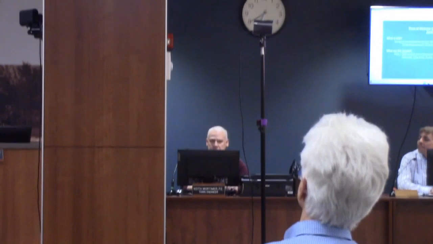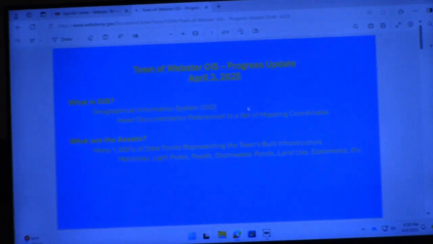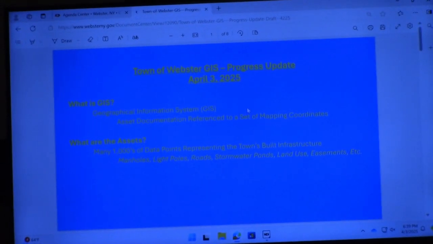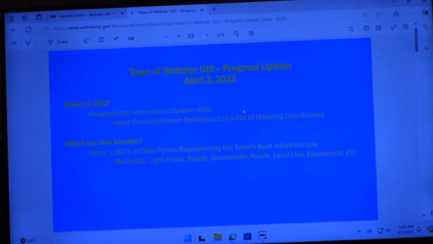We have been talking about GIS, I think, since the day I started, and we finally had a chance to give a bit of an update to everyone about where we're at and where we're going. So just to get the nomenclature out of the way, GIS stands for Geographical Information Systems, and in its simplest format, it's an ability to do asset documentation and set that to mapped coordinates.